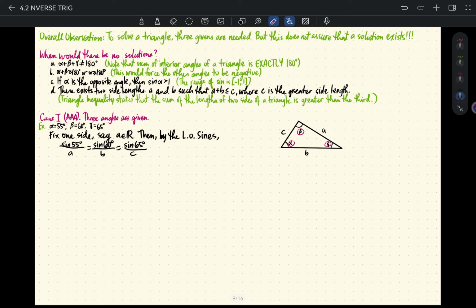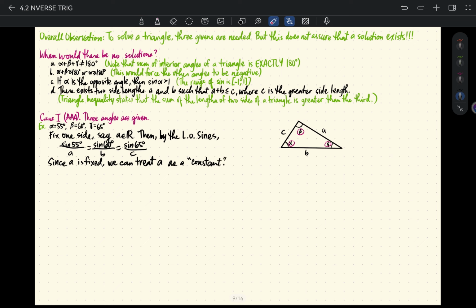And since we fixed A, we can treat A as a constant.